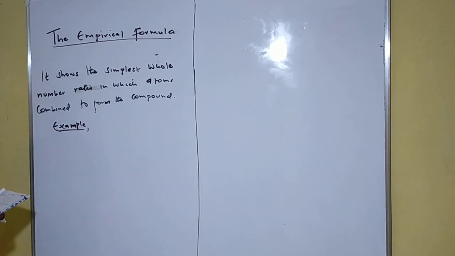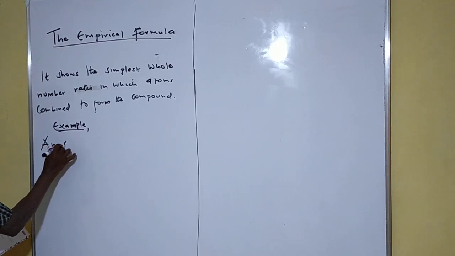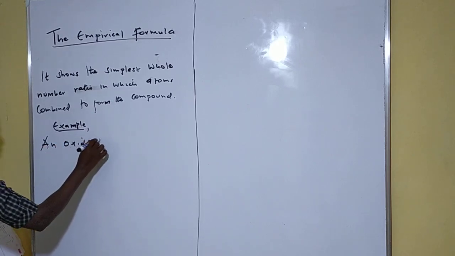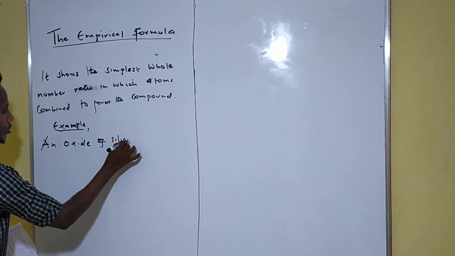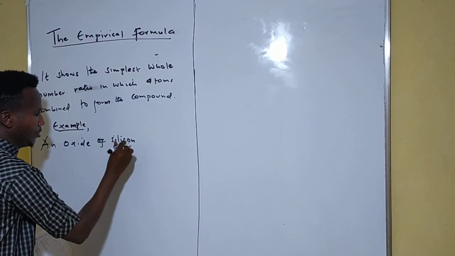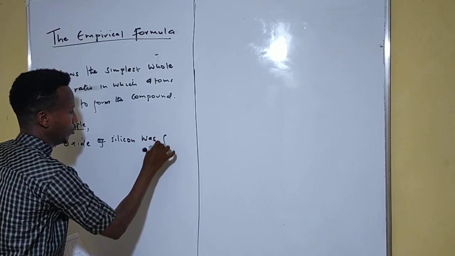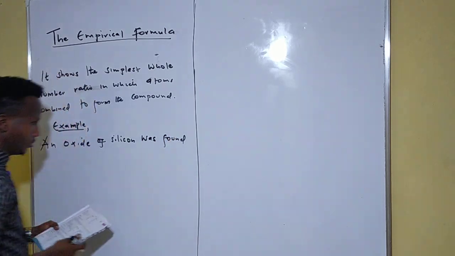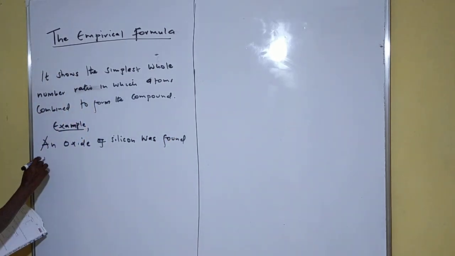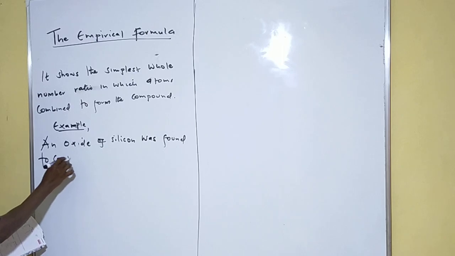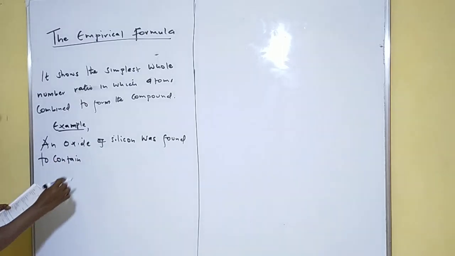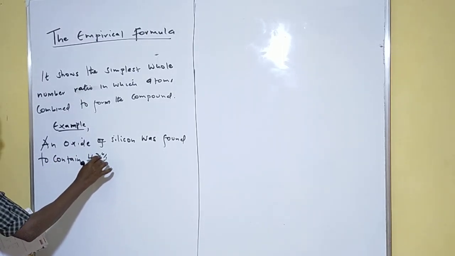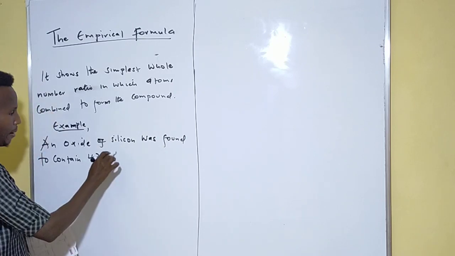We are told an oxide of silicon was found to contain 47% by mass silicon.